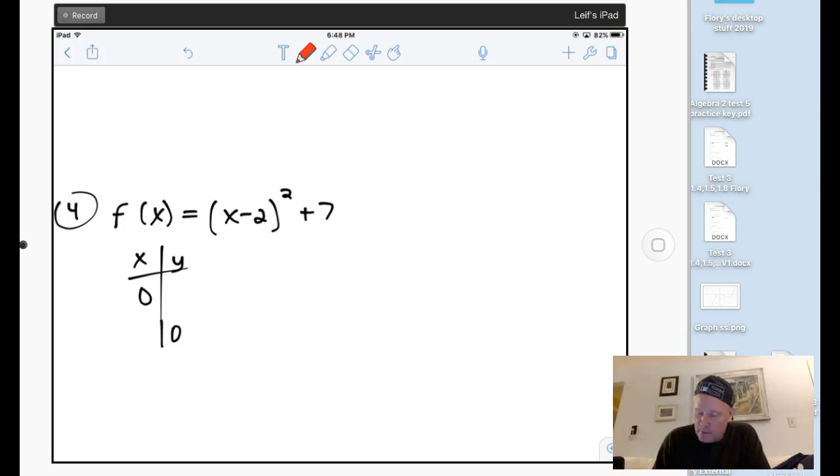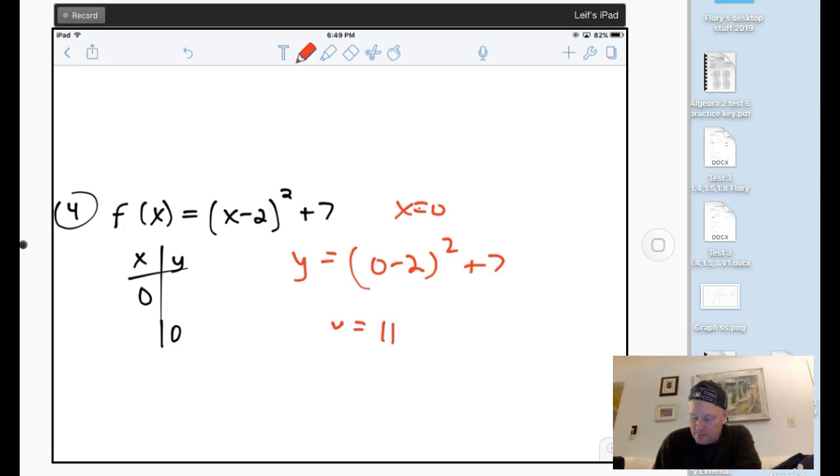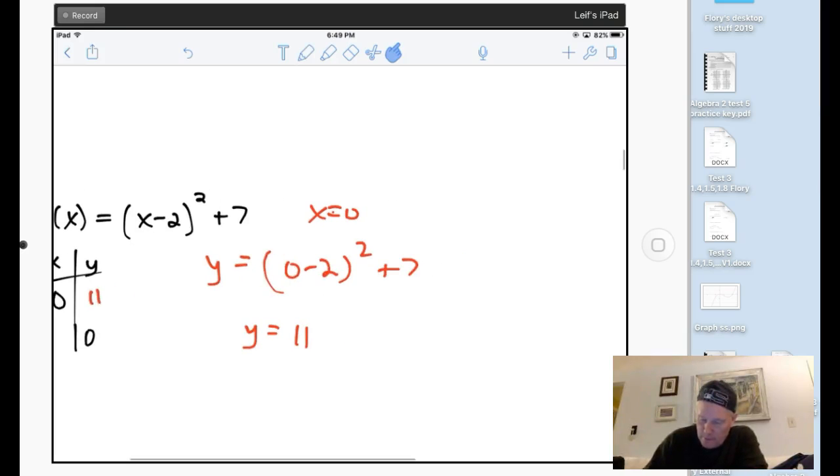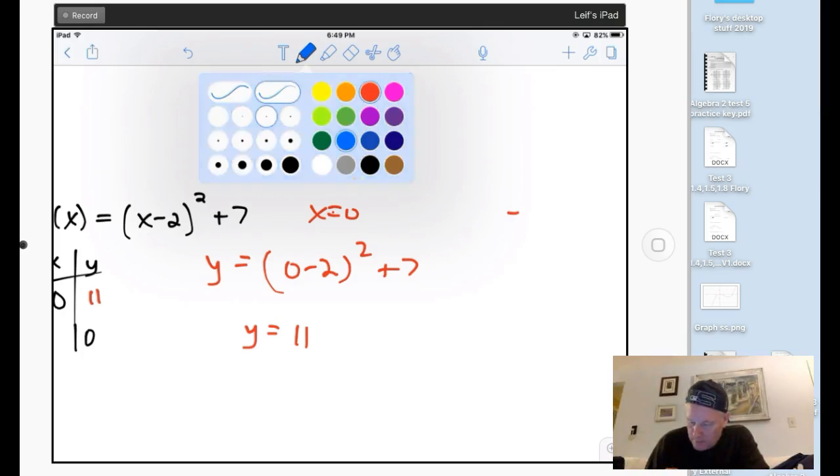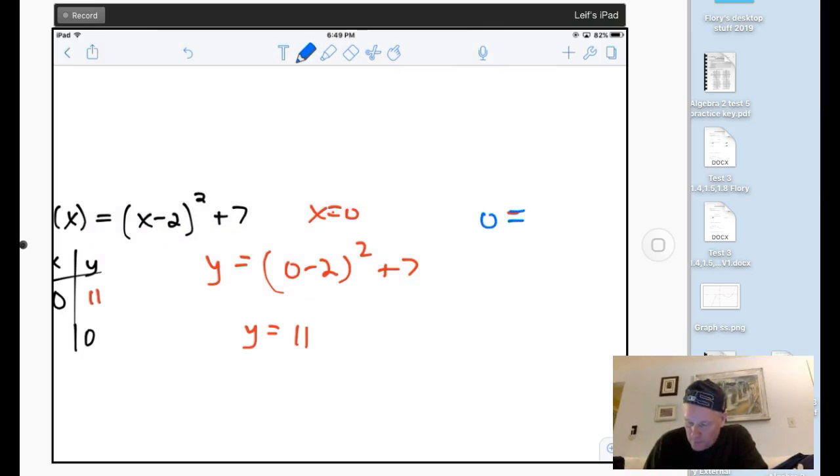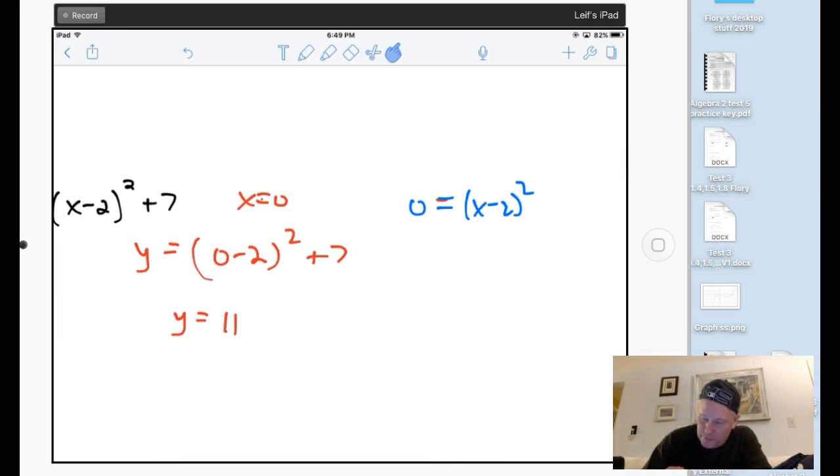This one, once again, if I plug in 0 for x, I get 2 squared is 4, 4 plus 7 is 11. The other one, if I plug in 0 for y, change colors here: x minus 2 squared plus 7.